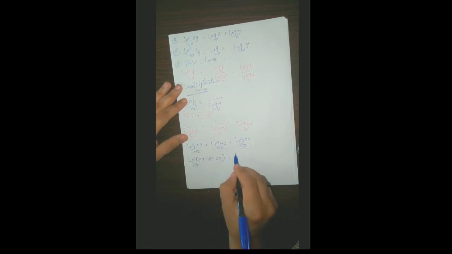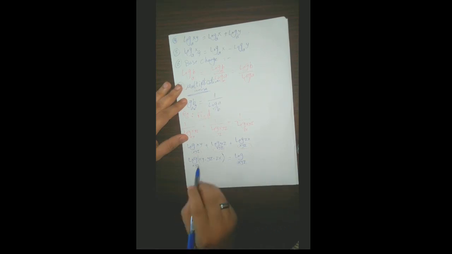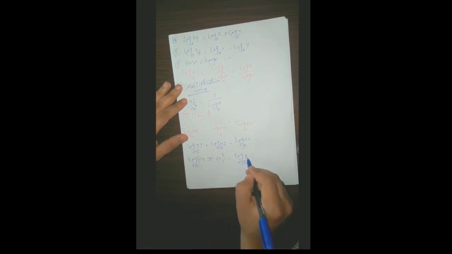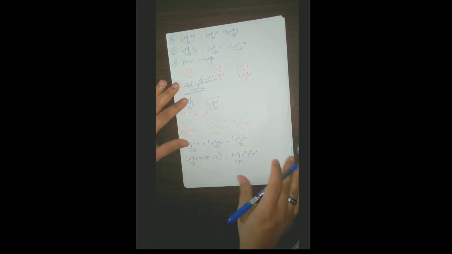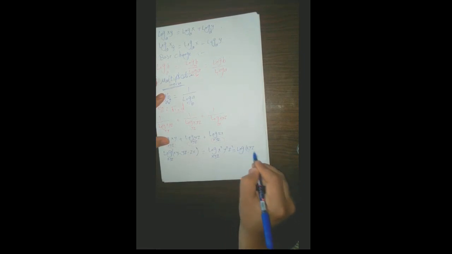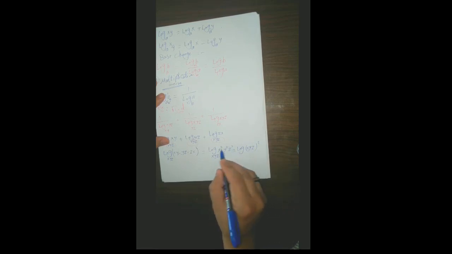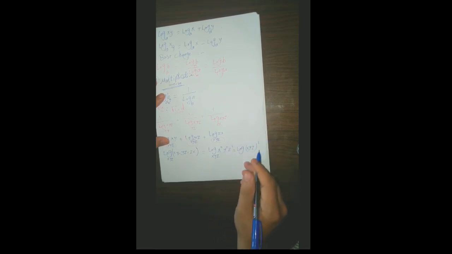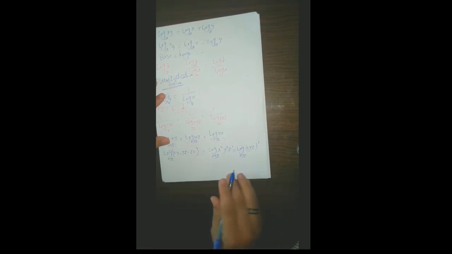Here we have log base xyz of x times x squared, y times y squared, z times z squared, that is x squared, y squared, z squared. In the simplest form, it is equal to log of xyz all to the power 2, taking 2 out of the parentheses, to the base xyz.